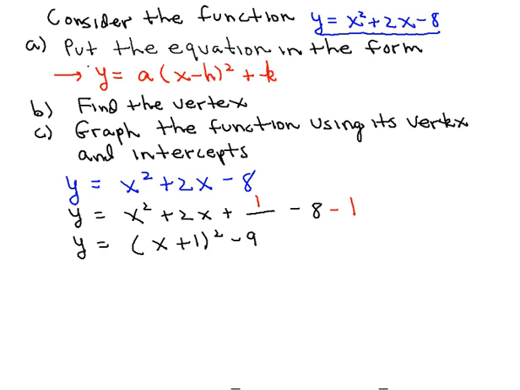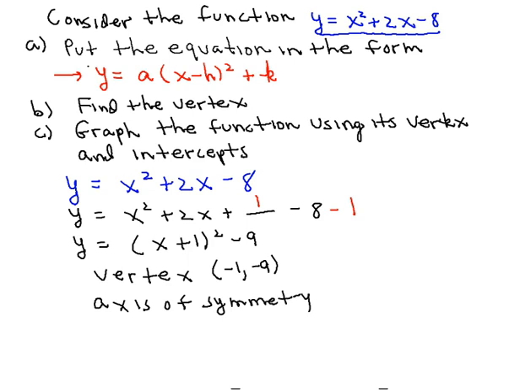So now we have the equation in the other form where we can pick out the vertex and the axis of symmetry. So the vertex, I think you'll agree with me, will have the coordinates -1, -9, and the equation for the axis of symmetry, I know you're ahead of me here, will be x is equal to -1.